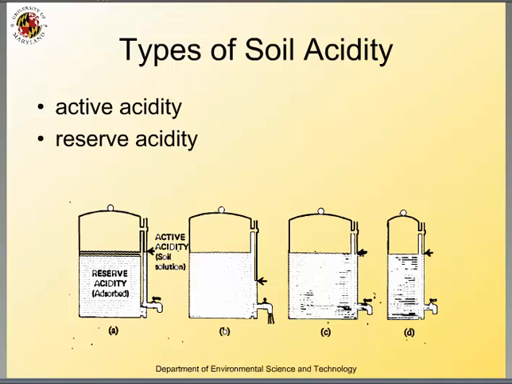But a point this does make, and why we all like this coffee urn example, is the neutralization of acidity occurs in the soil solution. But if you neutralize all the hydrogen in the soil solution, what's going to happen? Well, it's going to be recharged by what's in the coffee pot and the reserve acidity here, right? And so you'll neutralize it again, and it'll move out again, and you'll neutralize it again.